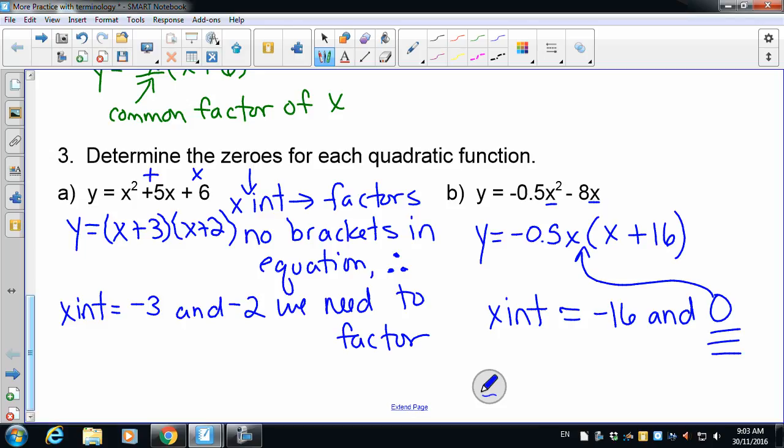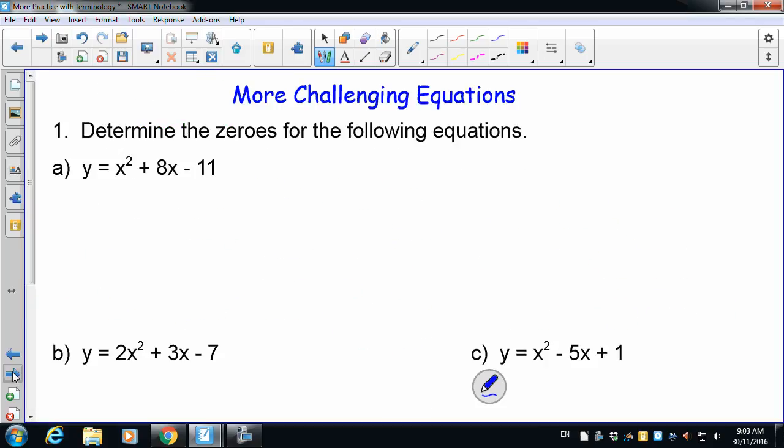Okay, easy peasy. Let's try something that's a little more challenging. Determine the zeros for the following equations. Well, that doesn't sound so bad because we know that zeros are x-intercepts. That means I need factors, so I have to factor the equation. So I'm going to look at my little equation, and I'm going to see what multiplies to negative 11 and adds to 8. But there's a problem. The problem is that there's nothing that multiplies to negative 11 and adds to 8.